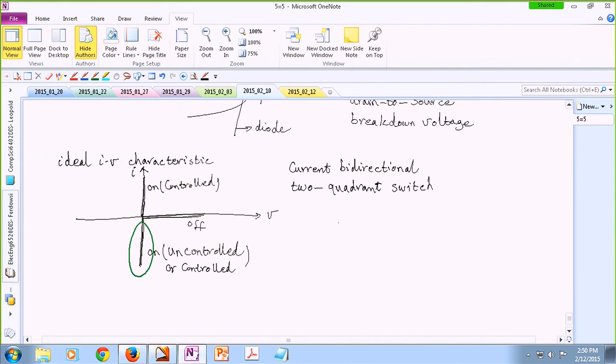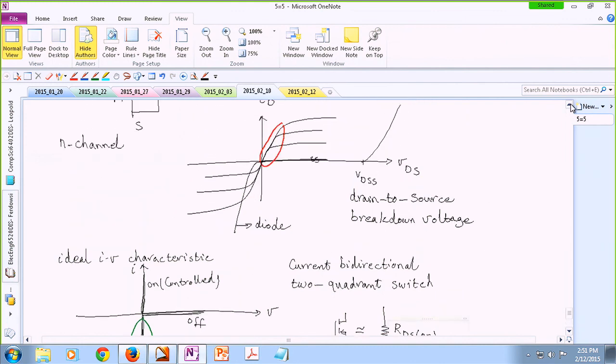And in terms of modeling, when the device is off, you can model it like an open circuit. When the device is on, it almost behaves like a resistor, which is called RDS, the resistor that appears from drain to source. That resistor is actually representing the slope of this line.